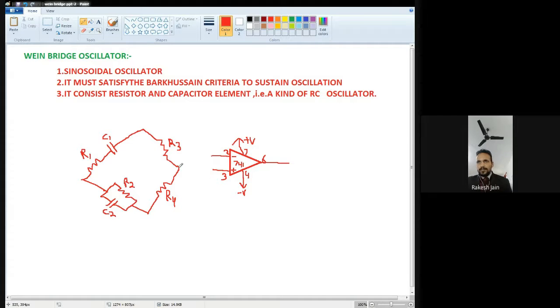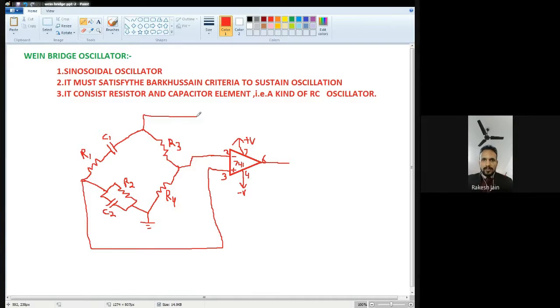So this arm will be connected with the inverting input. This arm will be connected with the non-inverting input. This arm will be connected to ground. And this arm will be responsible to provide the feedback, meaning some part of the output will be applied to the input via this feedback circuitry, and this arm is connected to pin number 6.